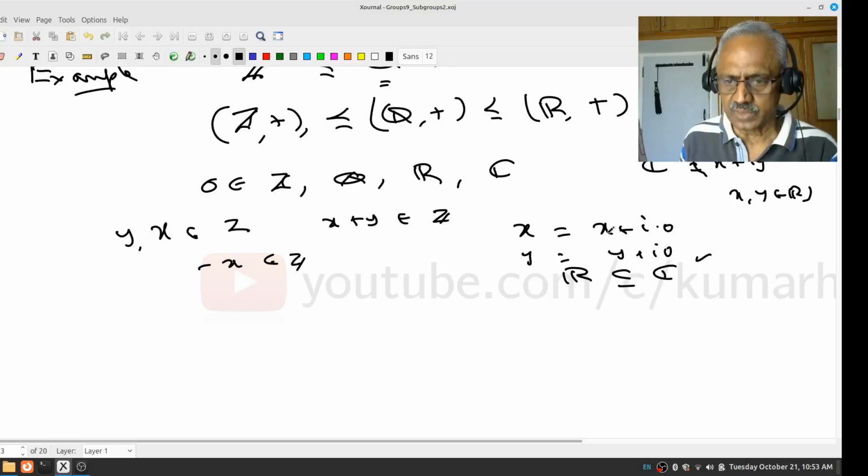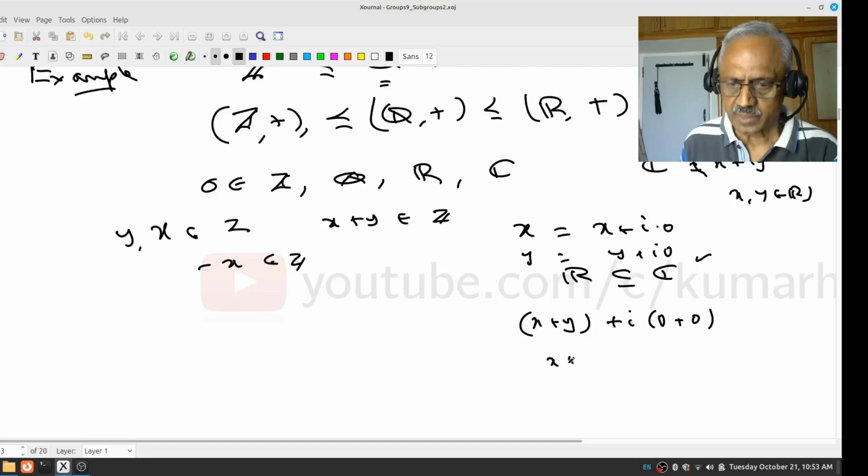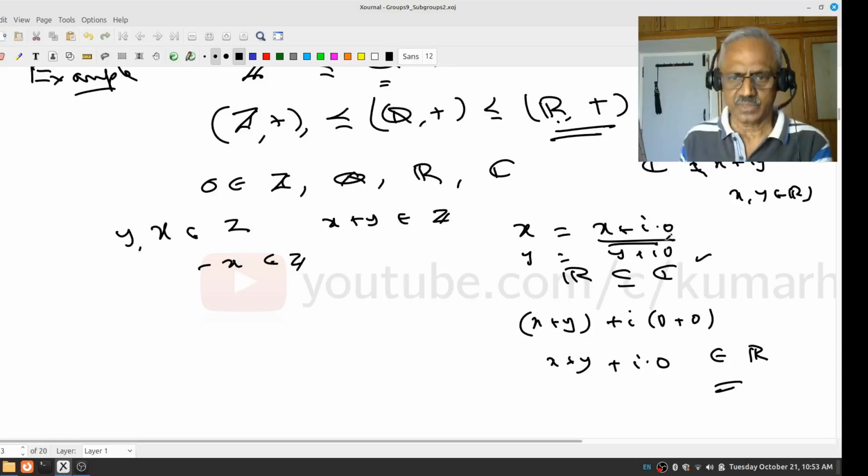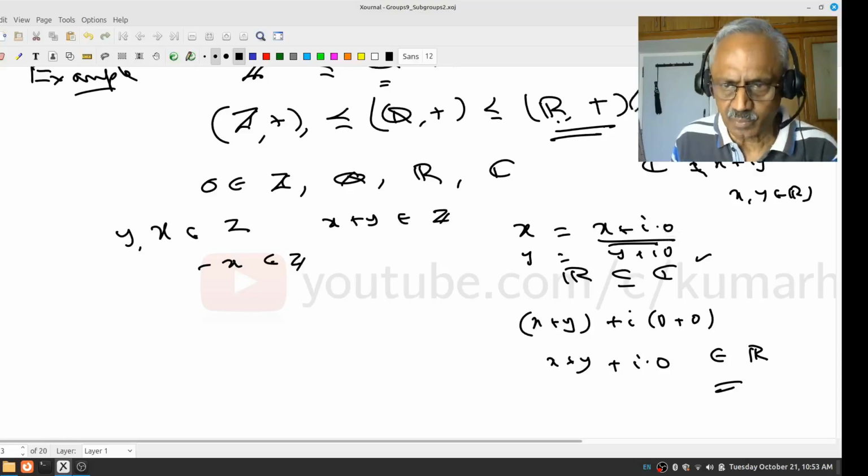Add the real part, that is x plus y, and then add the imaginary part, that is 0 plus 0. That is x plus y plus i times 0. Therefore, this is again in R. You understand? So we are identifying R with complex numbers as a subset under addition. Whenever x is a real number, I identify it as x plus i0. Is that clear to you? That is the only subtle point you have to learn.